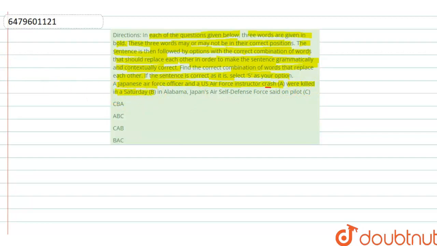Our second word is Saturday, so we will mention Saturday. In Alabama, Japan's air self-defense force said on pilot. So our third word is pilot. What we have to do here is mention the correct words. In the place of crash, what sounds appropriate is pilot. So we will see here a Japanese Air Force officer and a US Air Force instructor pilot. We will write the full sentence.